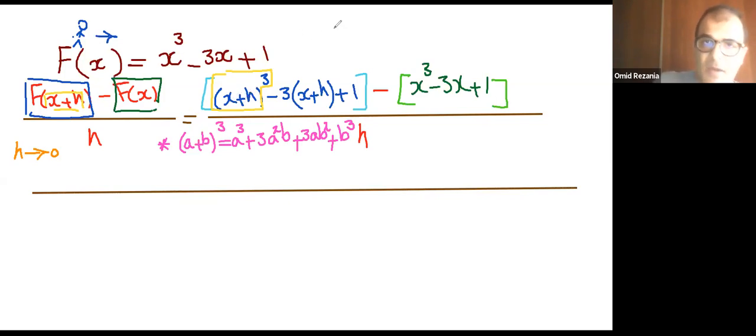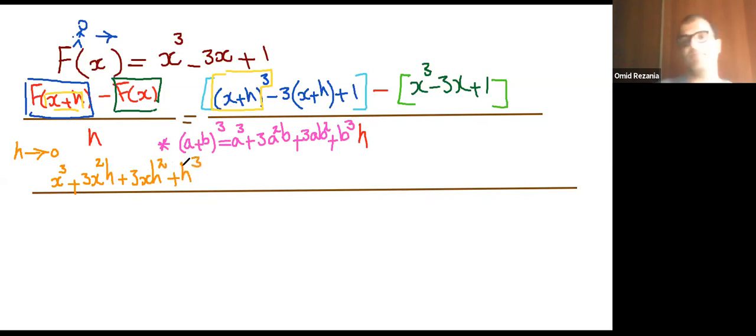It becomes x to the power 3 plus 3x squared times h plus 3x h squared plus h to the power 3.